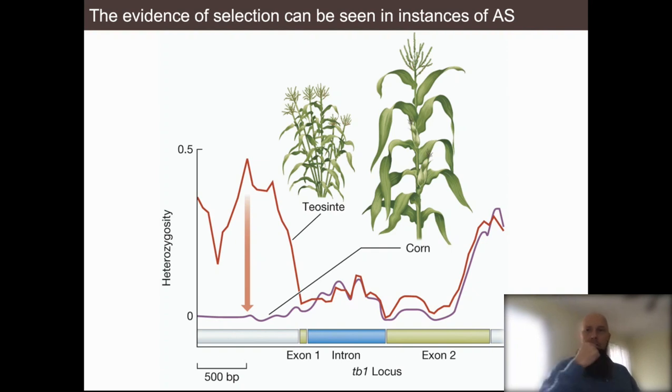Now, what is interesting is if we look at the levels of heterozygosity along this stretch of DNA within the population, that's what these two lines are, the red and the purple plots.